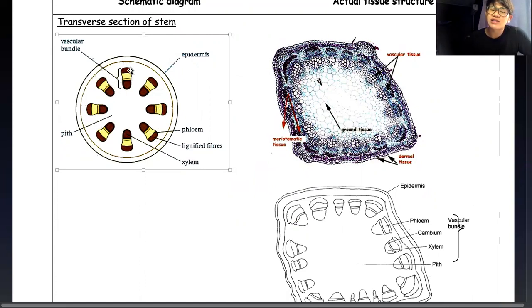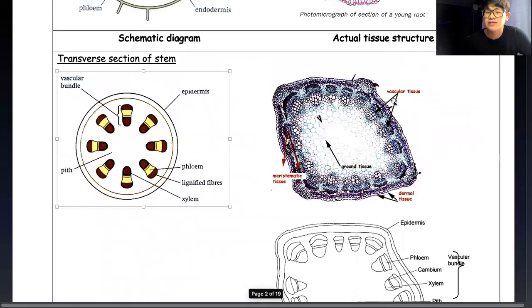The ones that are important, this is the one that we want, is actually the vascular bundle. So this is the vascular bundle here. You can easily see the distinctions, as the labels show as well. And if you look at the vascular bundle here, or in the diagram, you can easily see distinct types of tissues.